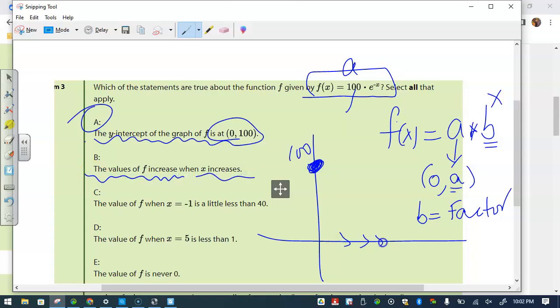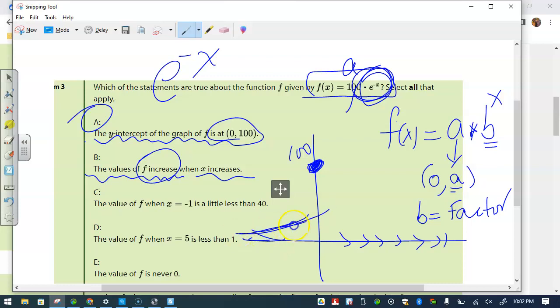If x increases, the graph goes something like this. So is that true? If you see here, there's a minus. Look at that, there is that minus. So e raised to minus x. The graph of e raised to x is this one.